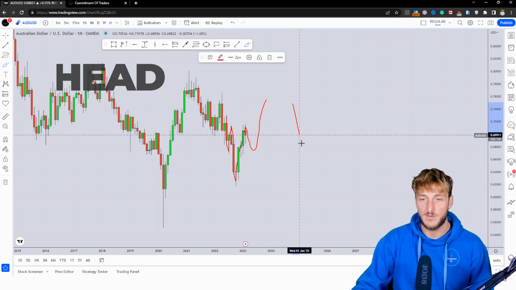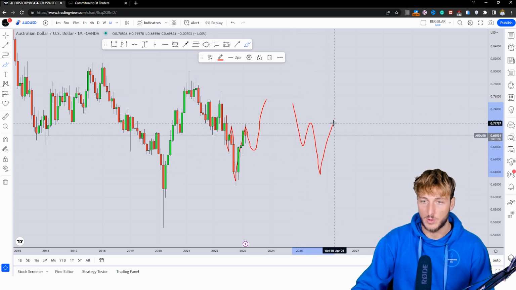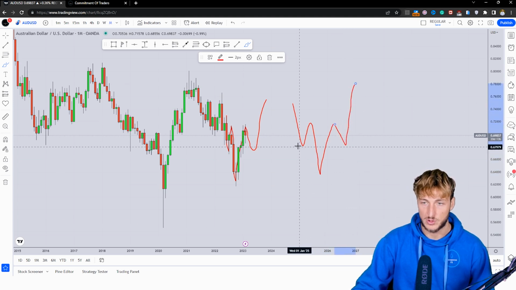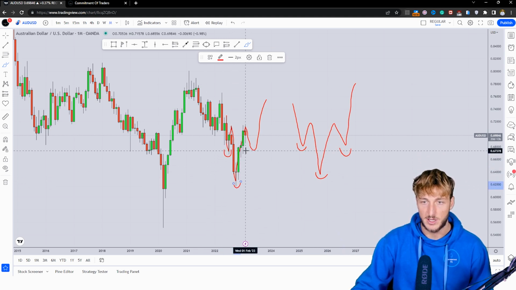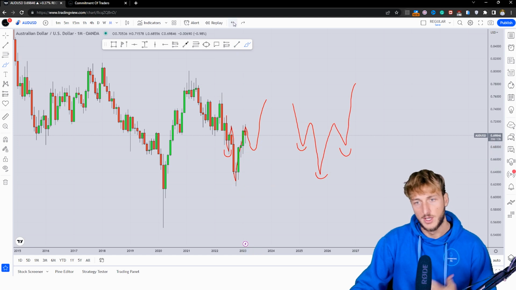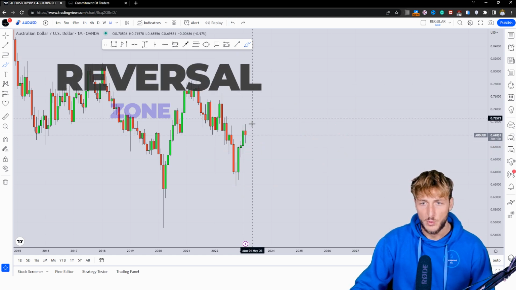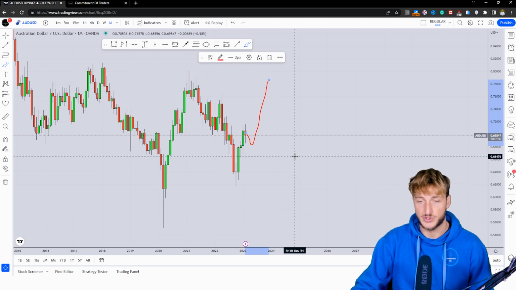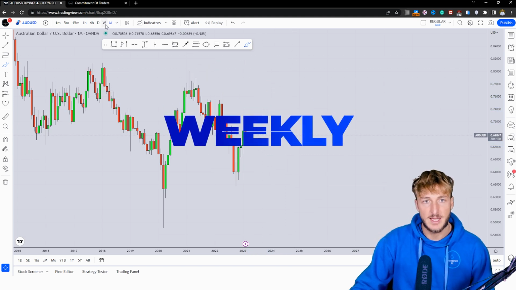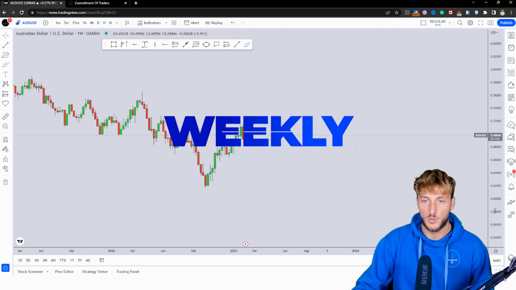In fact, when you have impulse, correction, lower low and equal high, like in this case, you expect a correction before then the continuation higher, essentially for the creation of an inverted head and shoulders with the left shoulder here, head here, and right shoulder here. So in a situation like this, what we could expect is a correction lower before then getting a potential reversal to the upside. Dropping down on the weekly time frame, what do we have?